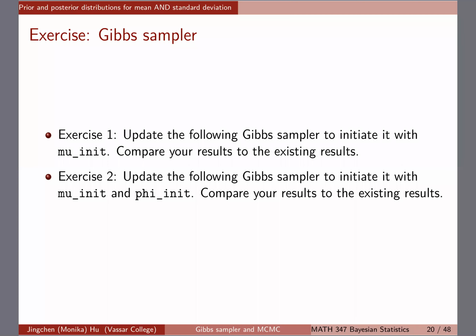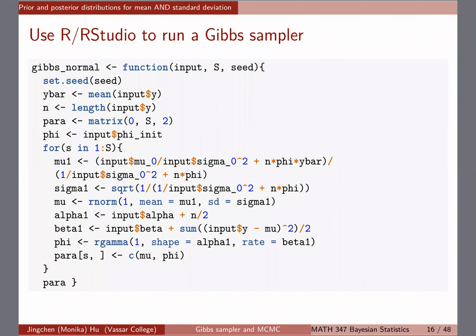All right, so focus on exercise 1. If you look at the script, I won't be able to type it to show you in action, but we can look at the code together to discuss where you should be changing. The function I provided on the slide is the case where you start with mu and update mu first.